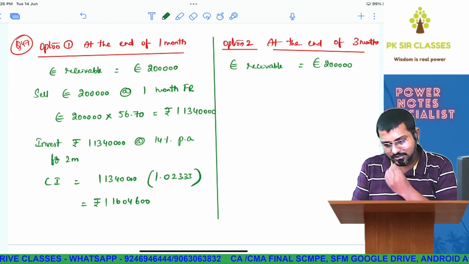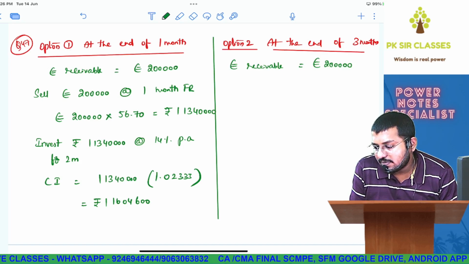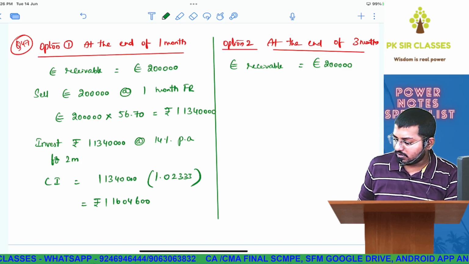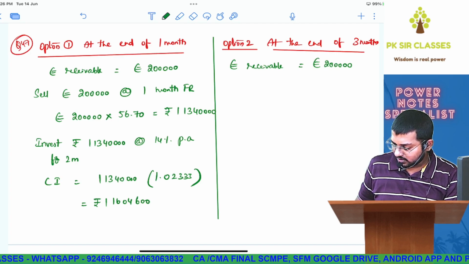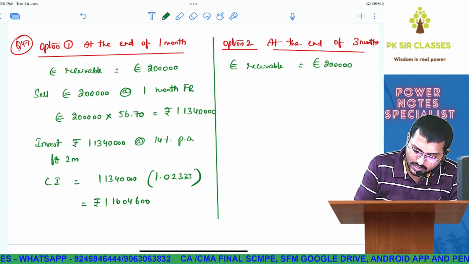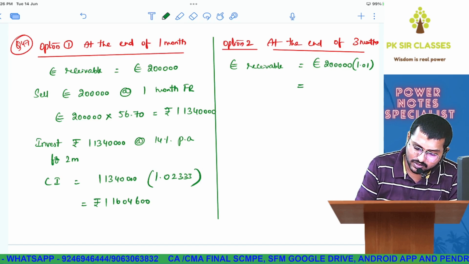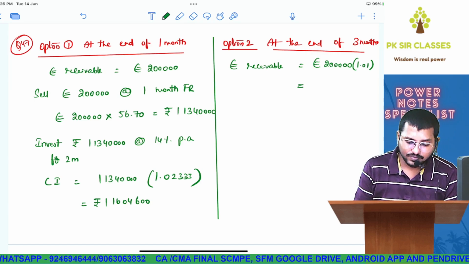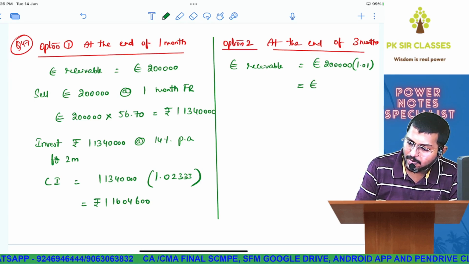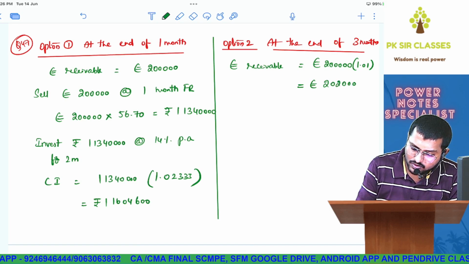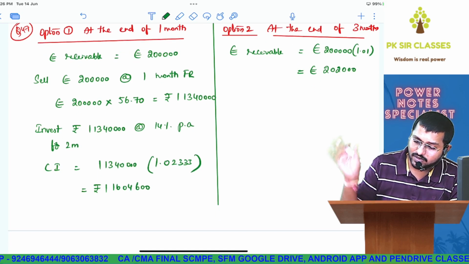How much is the interest you're charging? 6% per annum means for 2 months, 6 into 2 by 12. So it will be 1%, so 1.01. Tell me how much it comes. Euro 2 lakh 2,000. This much I'll be receiving at the end of 3 months.